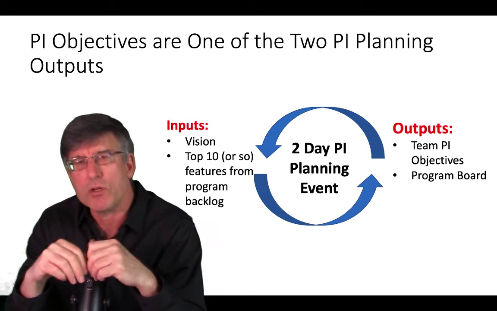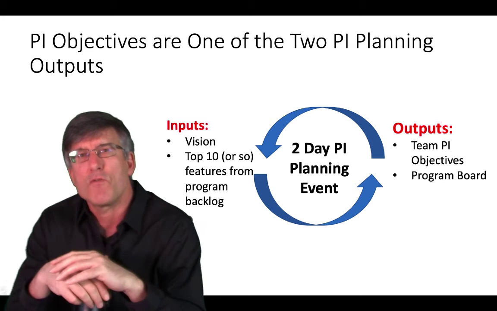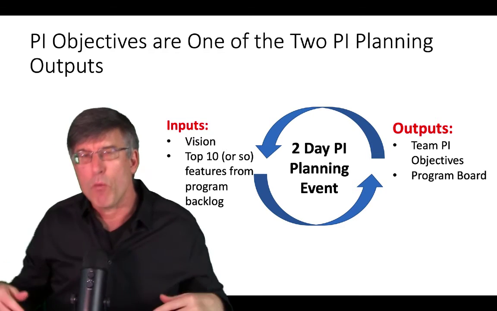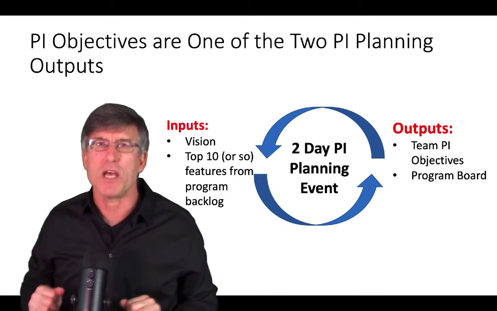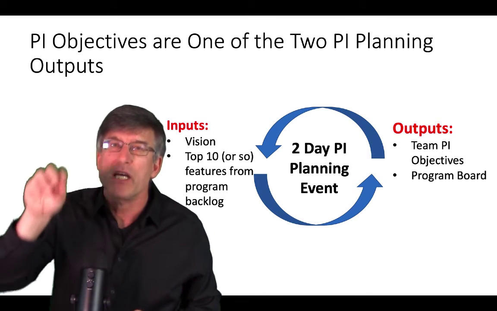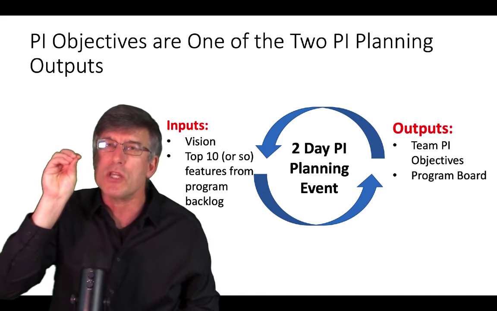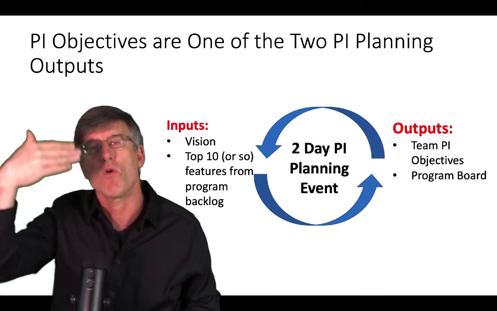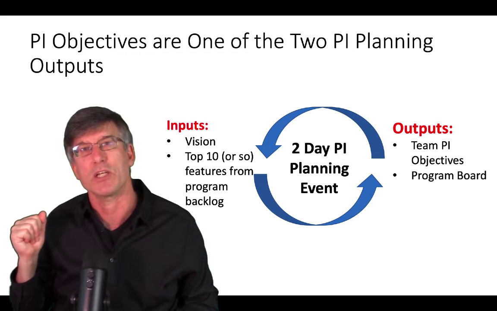But the intent is you come in, you have a vision, you have features that you would really like to get done. And what you're able to do in the 2-day PI planning event is output these are the PI objectives that we as the teams and overall as the Agile release train can commit to.